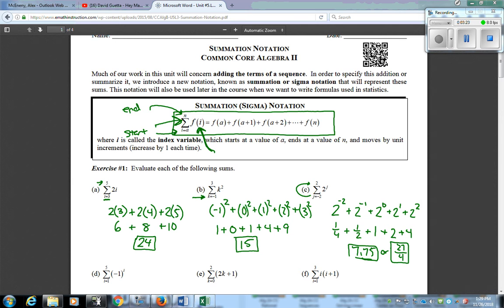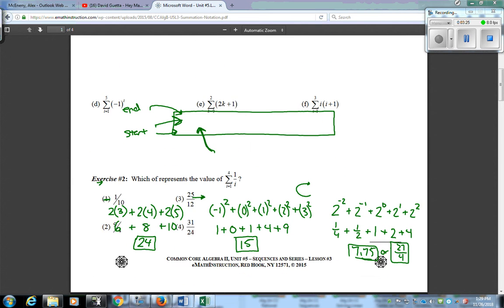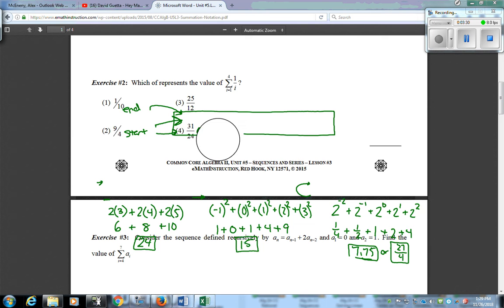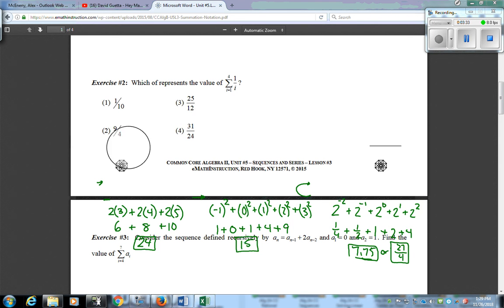Now, kind of moving on from those, you can see exercise 2. They give you 4 fractions. And they want us to do from 1 to 4, and it's 1 over I. So we have to do 1 over 1, plus 1 over 2, plus 1 over 3, plus 1 over 4. So for each of these, you could go ahead and take the calculator.